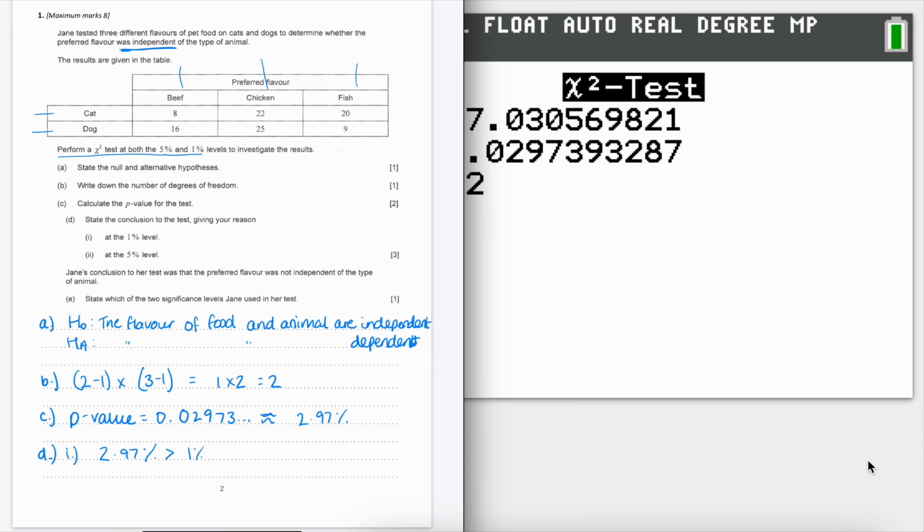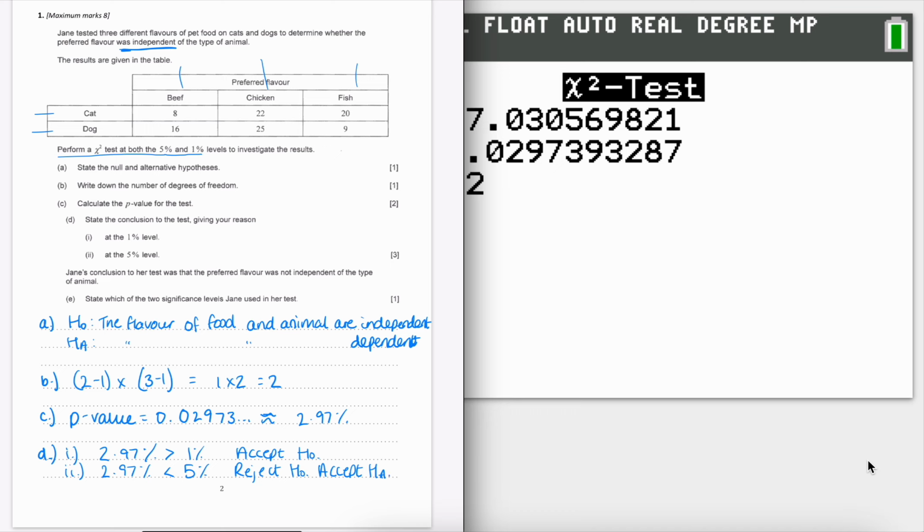And when the p-value is larger, we accept it, and therefore we accept H0. The second one there is at a 5% significance level, and 2.97% is less than 5. And when the p-value is too small, we reject it. So we reject the H0 and accept HA.